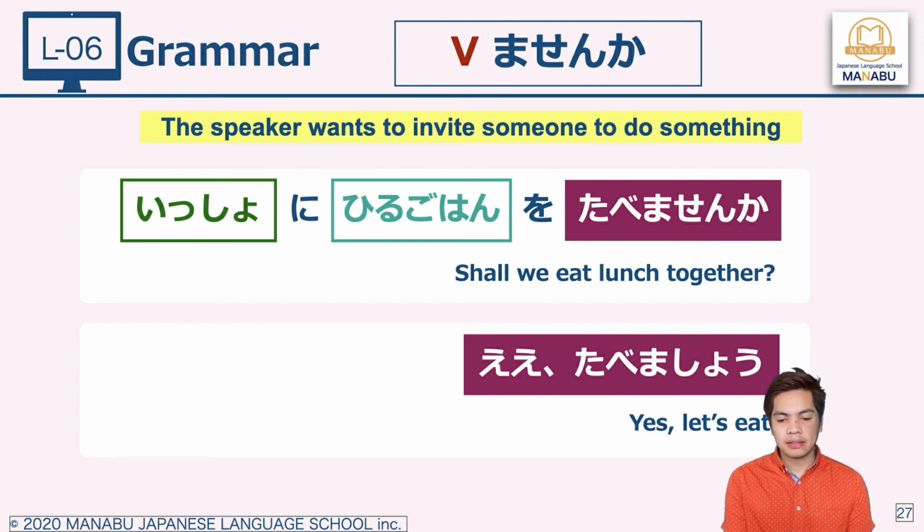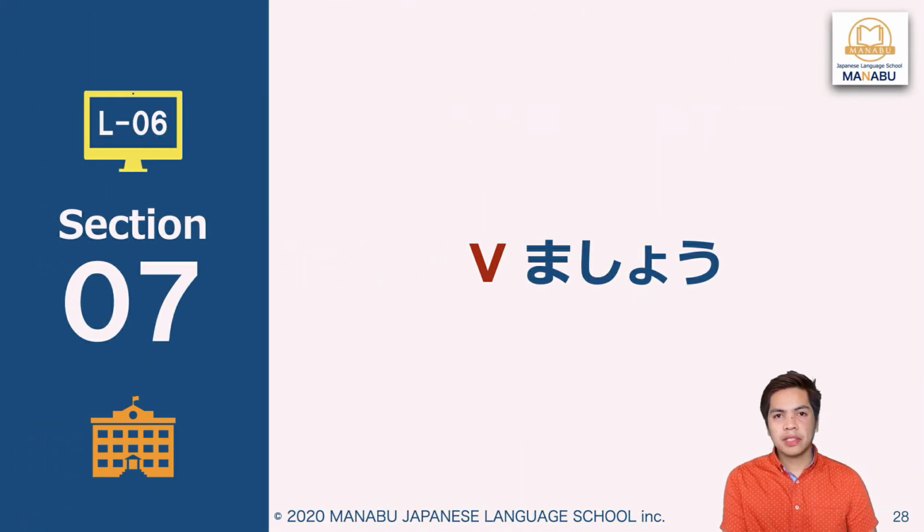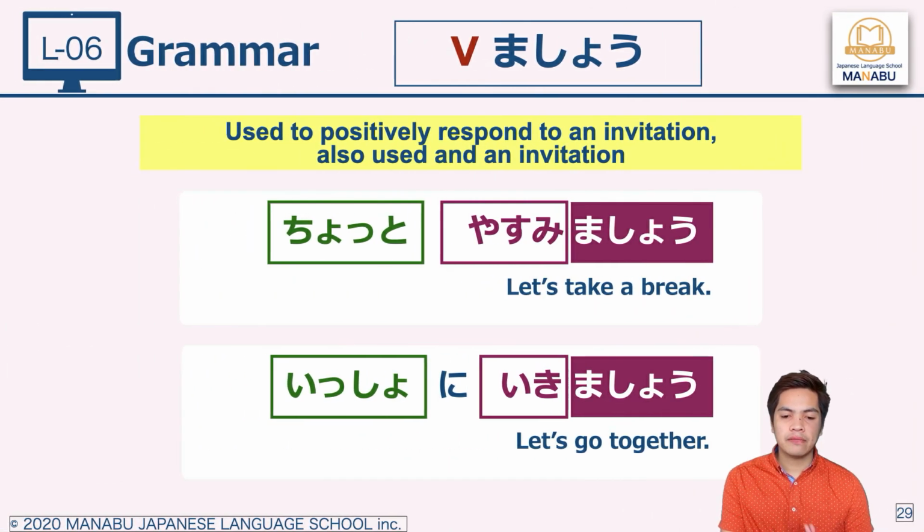Issho ni tabemashou. So tabemashou is our next grammar point, the verb mashou. The verb mashou, just like the masen ka, is used to invite someone to do something, but the verb mashou is used to positively respond to an invitation, and it is also used as an invitation. For example, chotto yasumimashou.